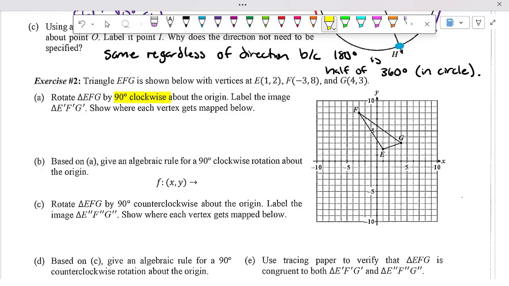This is square. Once you think you've got what the new points are, write it down.